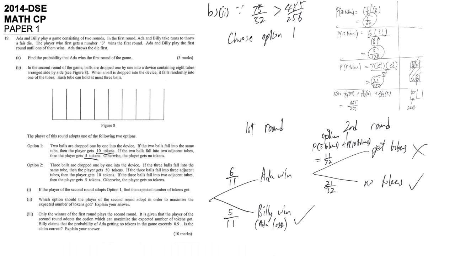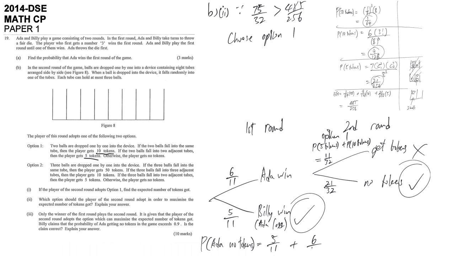We need to calculate this path together with this path. So the required probability that Ada gets no token is equal to 5/11, or the second path, win the first round but finally still don't get any tokens.